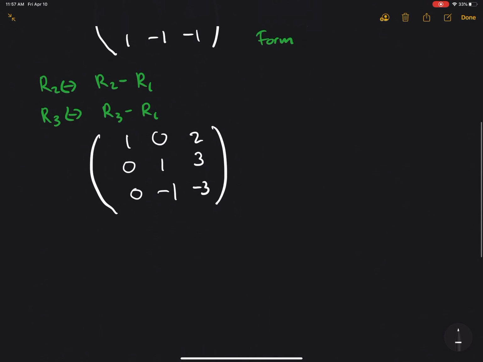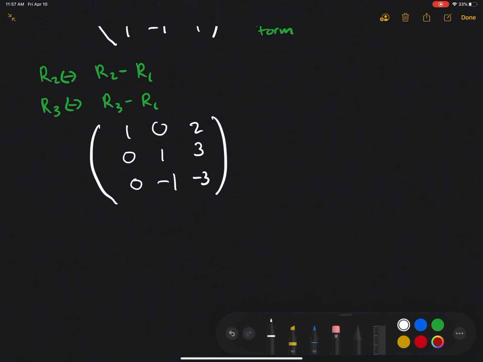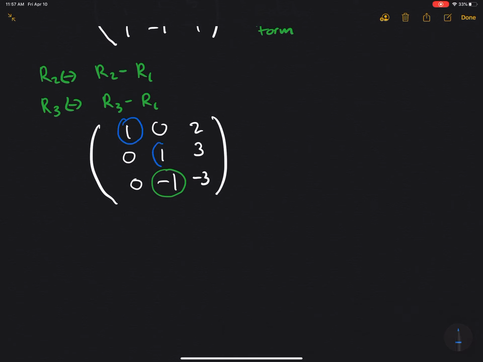So you can probably see what else I can do in order to keep going with this. Now I want to get rid of this guy right here, because I already have two of my pivots. I have these two guys to be my pivots. And remember, whenever we are reducing to echelon form, the pivots have to be equal to 1.